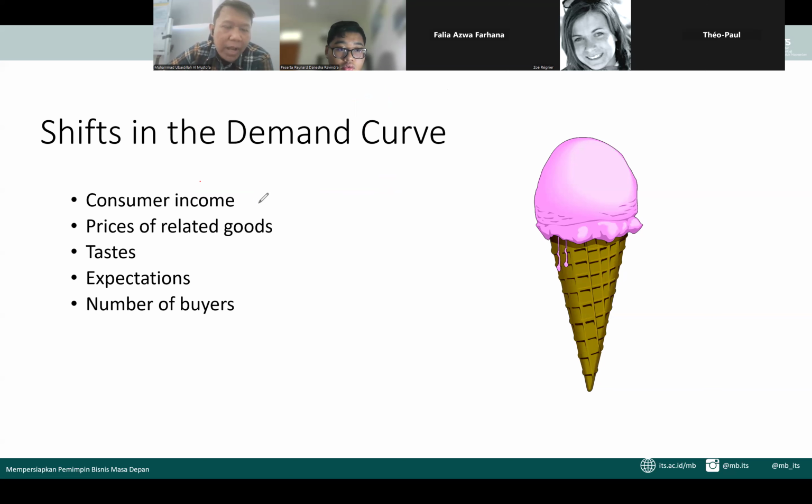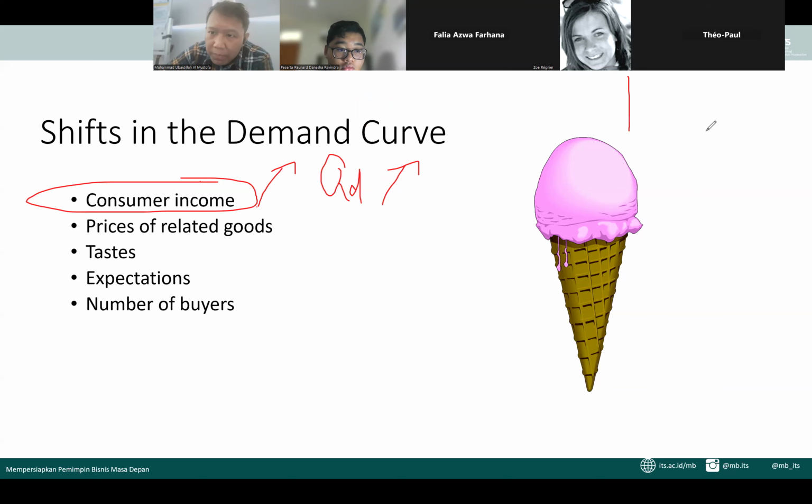Before, I could only buy one ice cream. Because of the increase in income, now I can buy more ice cream, meaning that the quantity demanded will increase. So because we have a change in income, the curve will shift, either right or left. The answer is it will shift to the right because the quantity demanded is increasing.